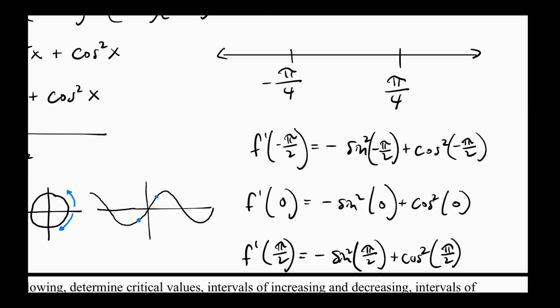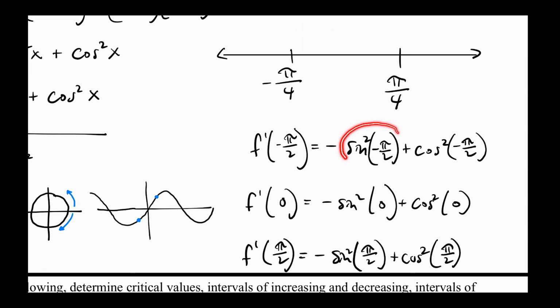First one, negative pi over 2. It's not on my chart, but it's going to give you something similar to regular pi over 2. Regular pi over 2 for sine is positive 1. So this guy is going to be negative 1, because positive 1's up here, negative 1's down there.